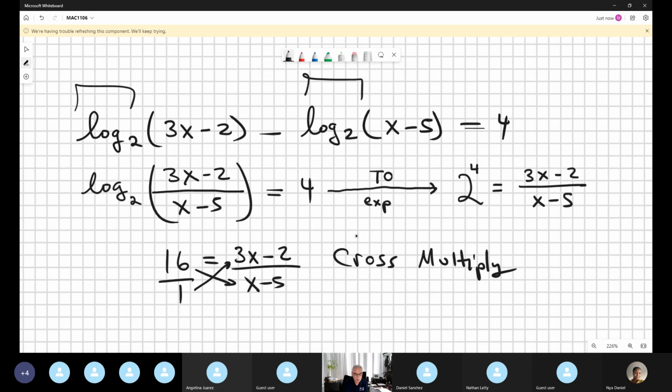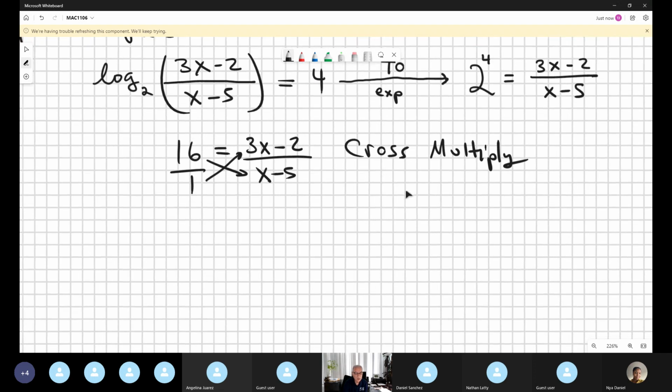So you multiply 16 times x minus 5, equal 1 times, but 1 is invisible, 3x minus 2. And you apply the distributive property now: 16x minus 80, because 16 times 5 is 80, equal 3x minus 2.